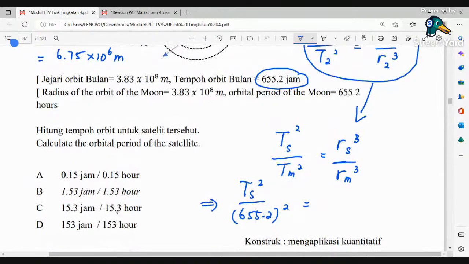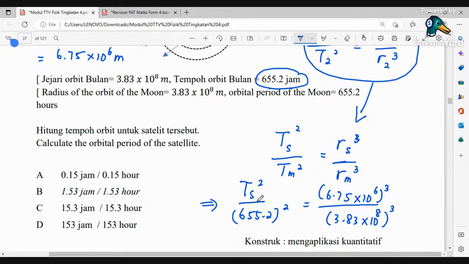So I will use that formula, divided by, for the Moon, 3.83 times 10 power 8. So you solve this to find the period of the satellite.